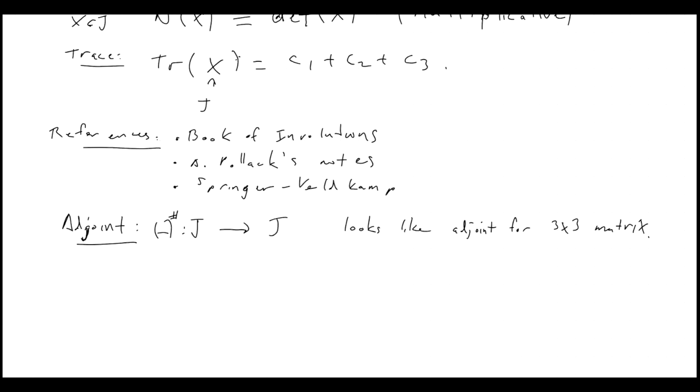Okay, now I can talk about the notion of rank, and this is the one that's going to be quite important for us today. The first thing that we can say is that all elements of J have rank less than or equal to 3. X in J has rank less than or equal to 2, and we'll define this as being when the norm of X is 0.